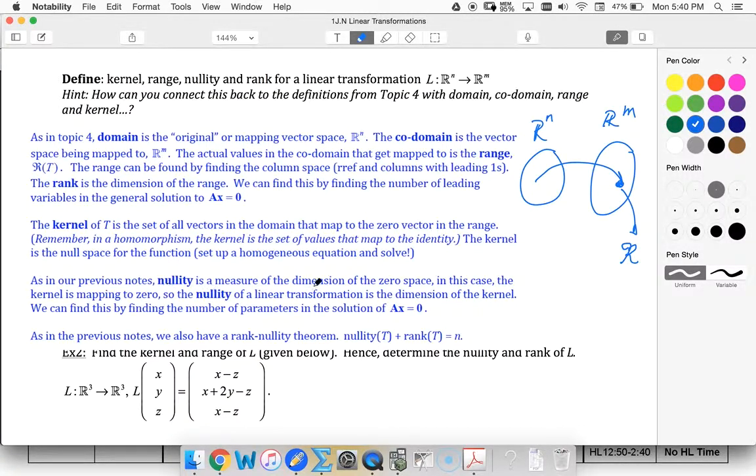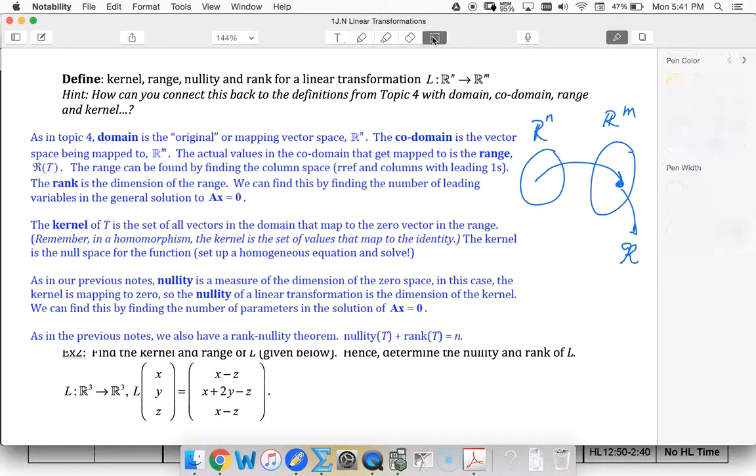Again, nullity is the measure of the dimension of our null space. So here, nullity is the size of the kernel. And then again, nullity plus rank equals n. So in this case, though, our n is the dimension of our domain. So something for us to think about.